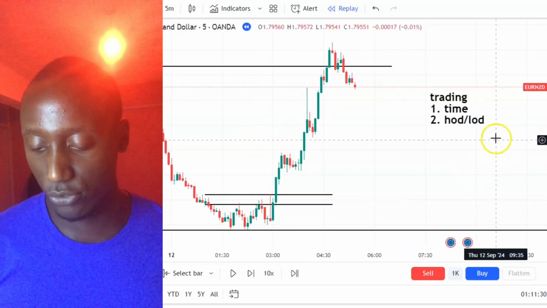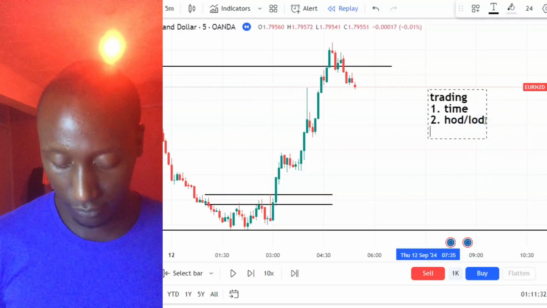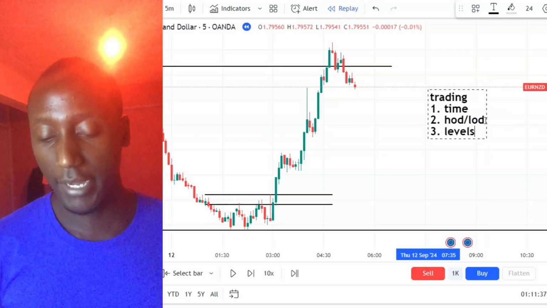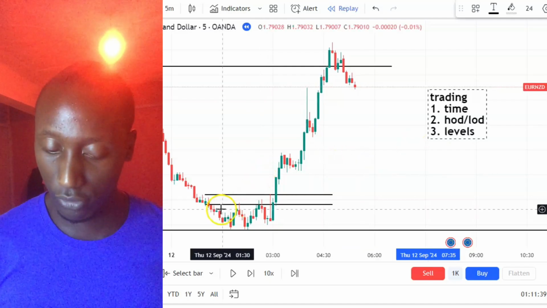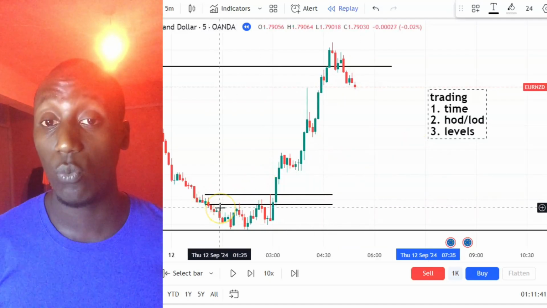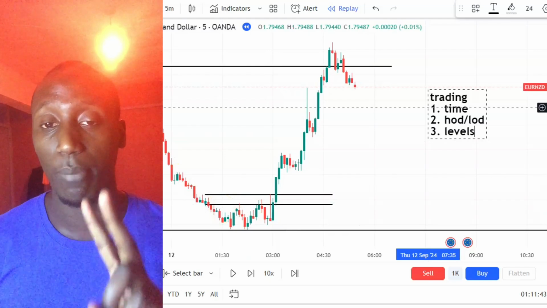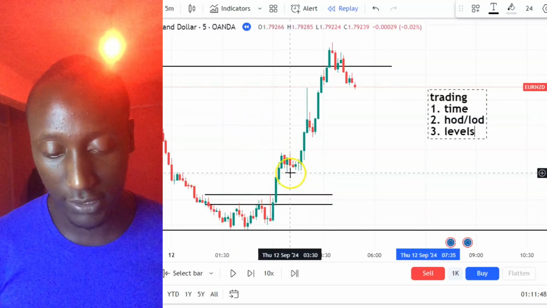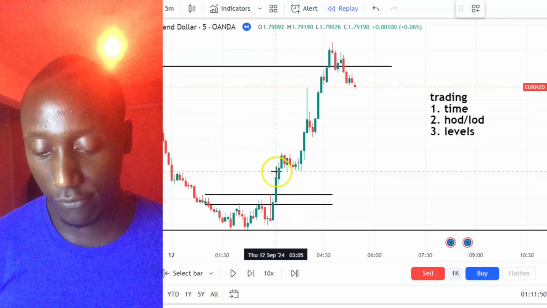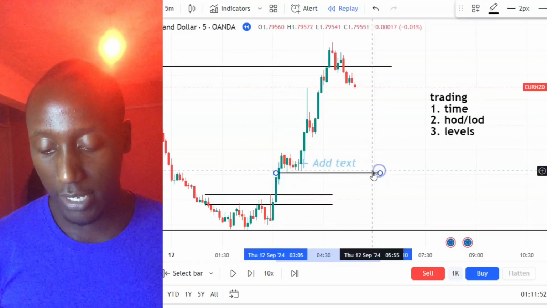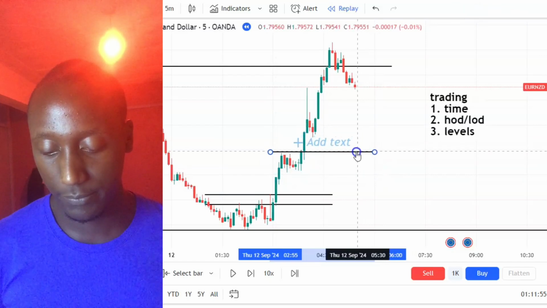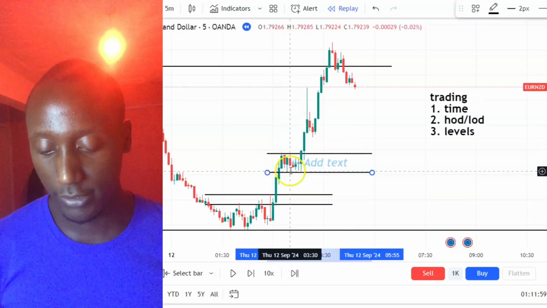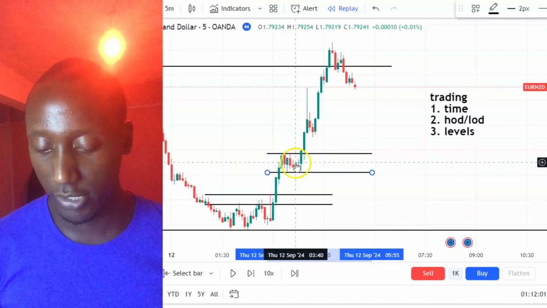Now, once you draw your high and your low of the day, number 3 is your levels. And remember, we've said levels are only levels once price touches a point 2 or more times. So for example here, this is a level. It's a level to the downside and a level to the upside, because price has touched it once, twice, and to the downside once, twice.